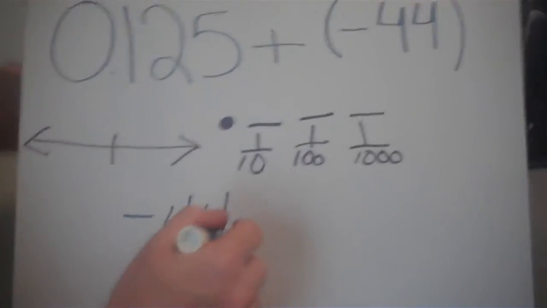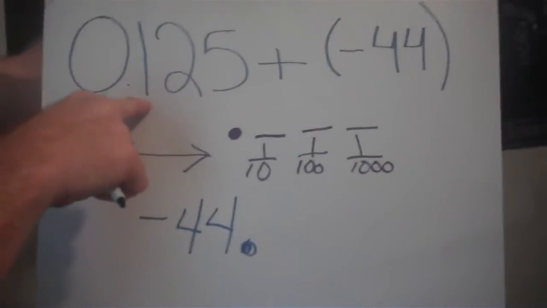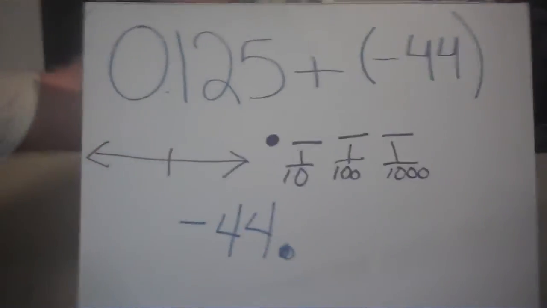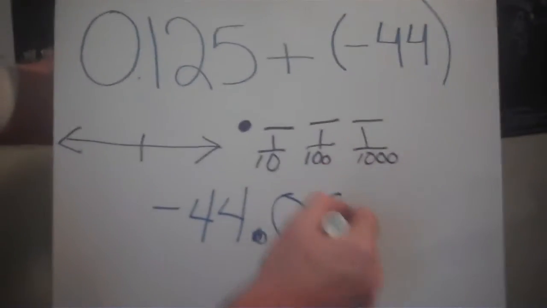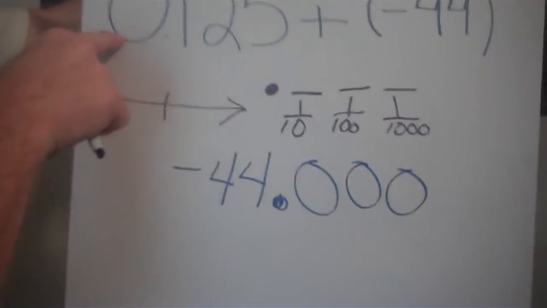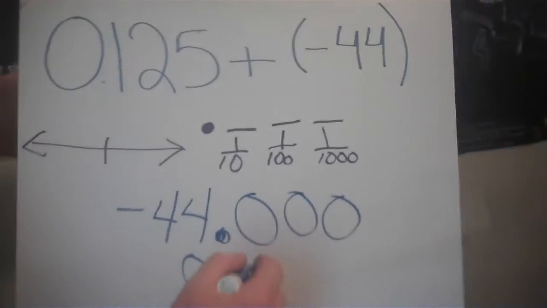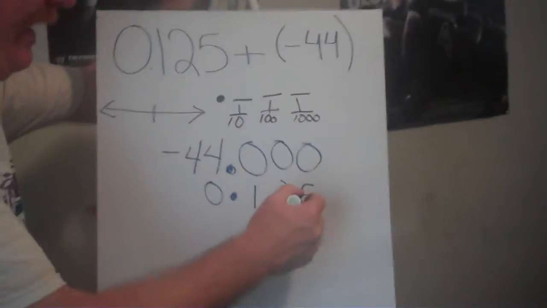I'm going to put my decimal point, and then I'm going to look at my decimal and count 1, 2, 3 places. So I'm going to make 3 decimal places. And now I'm going to put the 0. Make sure those decimal points are lined up. And then 1, 2, 5.